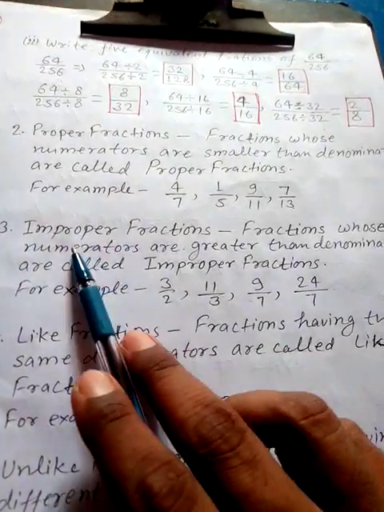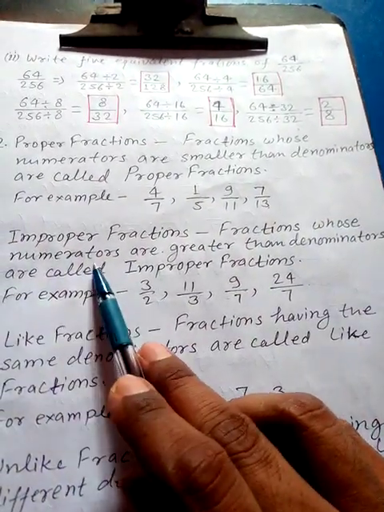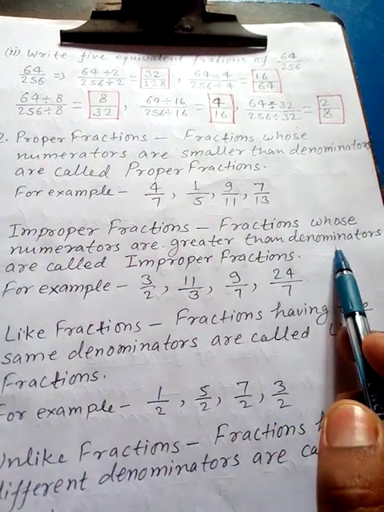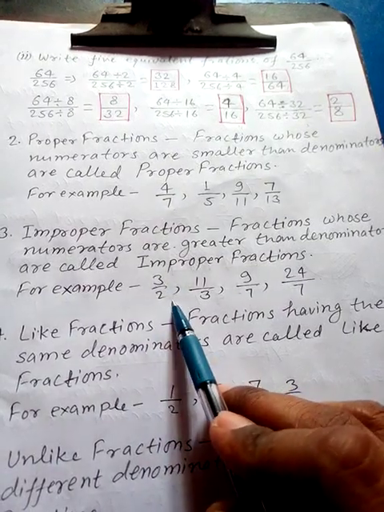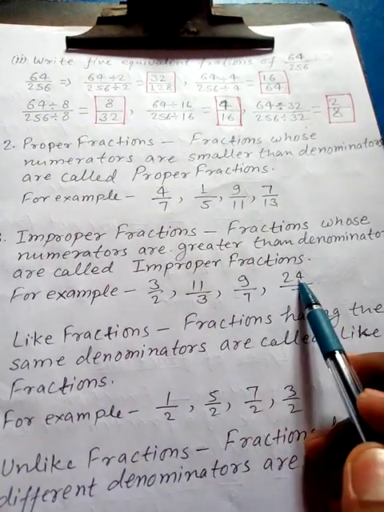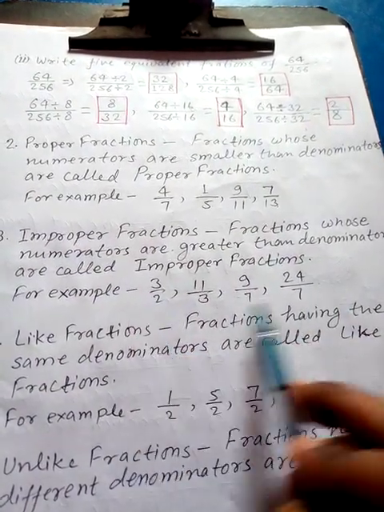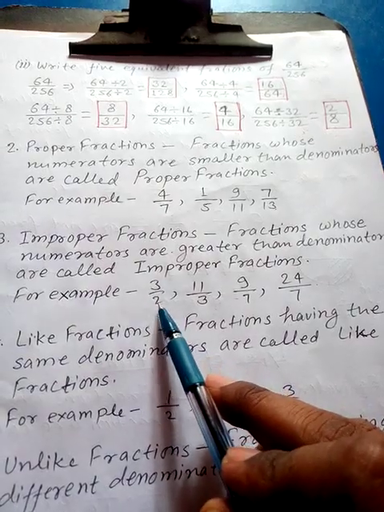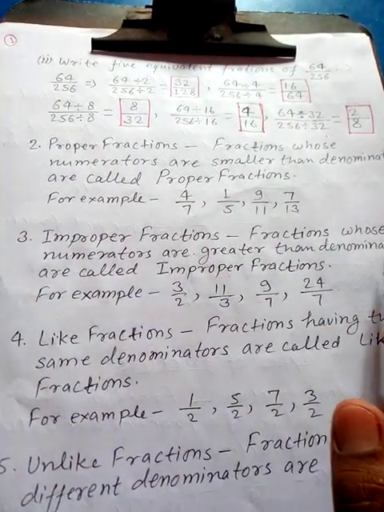Now, improper fractions. Fractions whose numerators are greater than denominators are called improper fractions. Here you can see 3 by 2, 11 by 3, 9 by 7, 24 by 7. In all these fractions the numerator is greater than the denominator. So these are improper fractions.